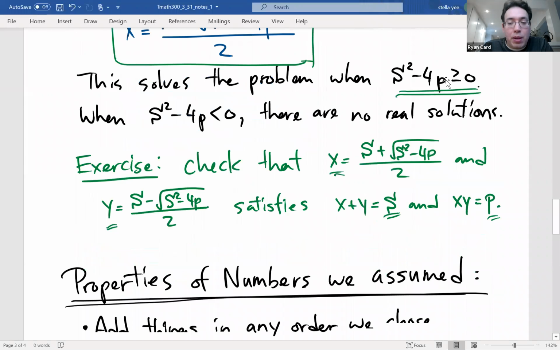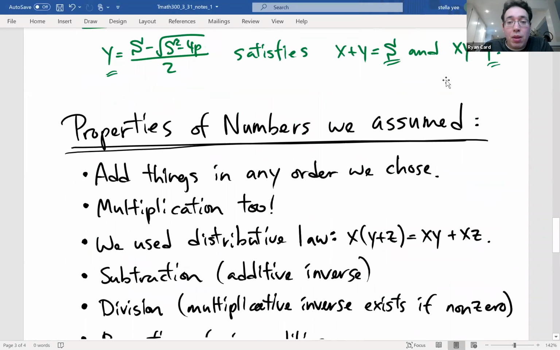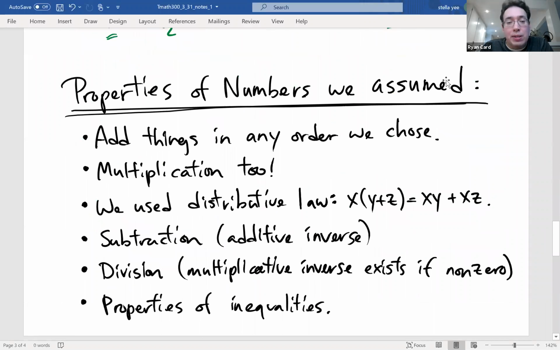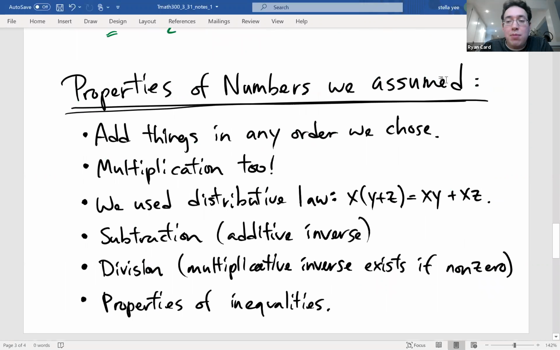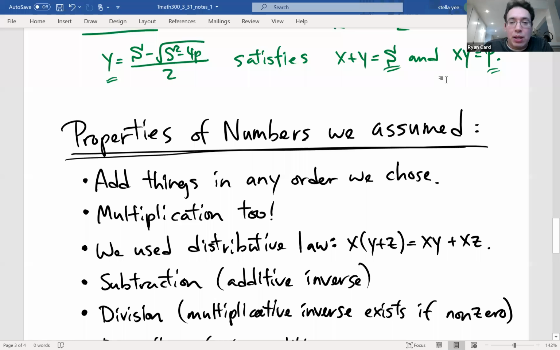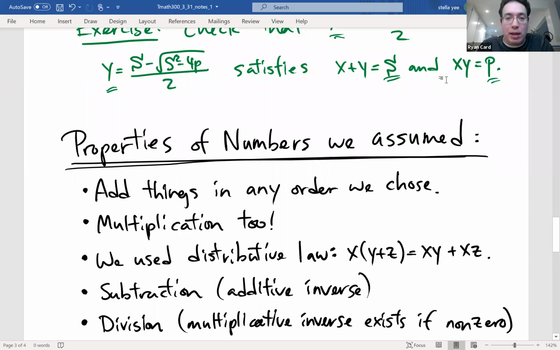All right. So what I want you to now focus on is how many things we really have to assume to work out that mathematics. We really added things in any order we chose, right? In fact, we shifted the terms around from the left-hand side of the equation to the right-hand side without any thought.